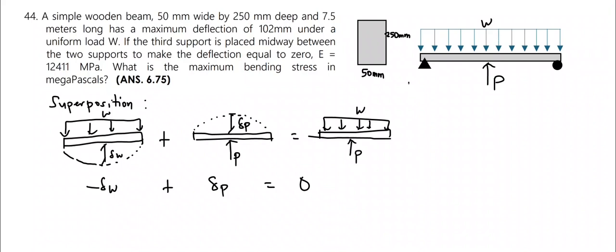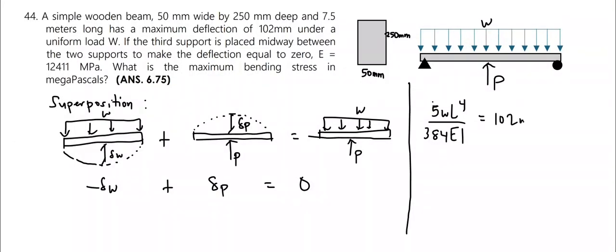Now to solve this, let us first solve for the uniformly distributed load W by using beam formulas. The deflection at midspan due to the uniformly distributed load is equal to 5WL raised to the 4th power divided by 384EI, equal to the deflection at midspan, which is 102 millimeters, given in the problem.